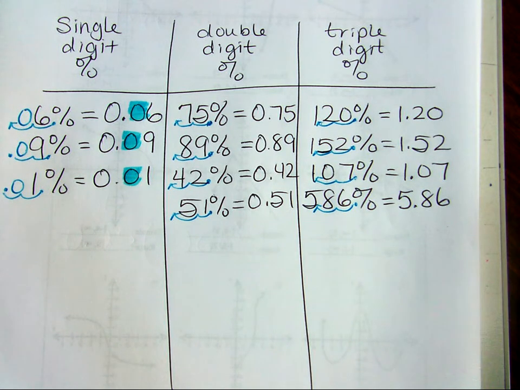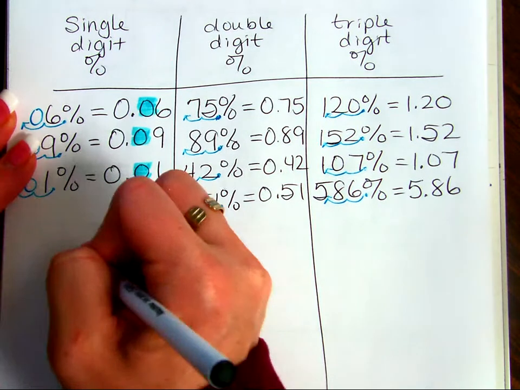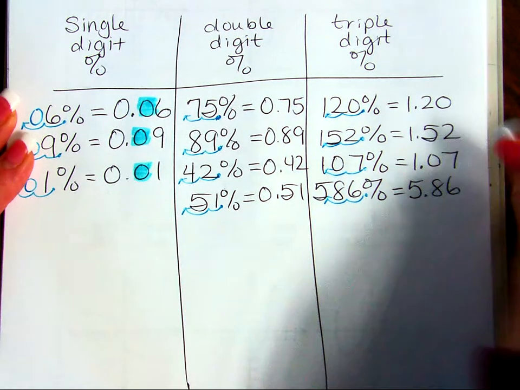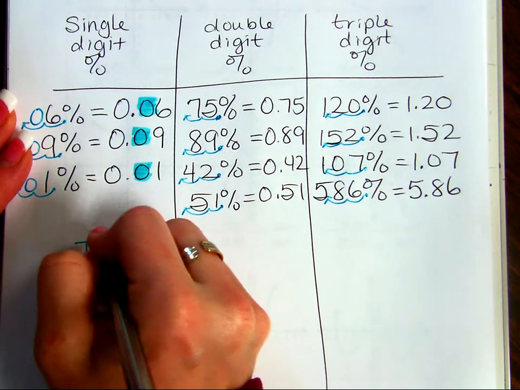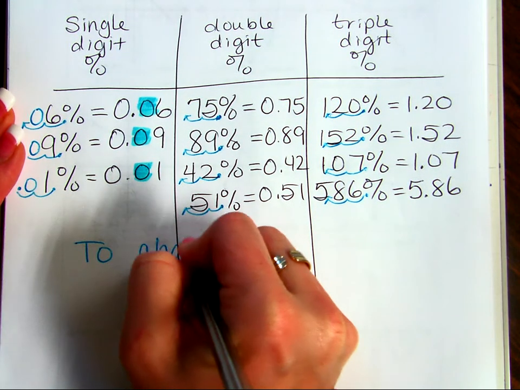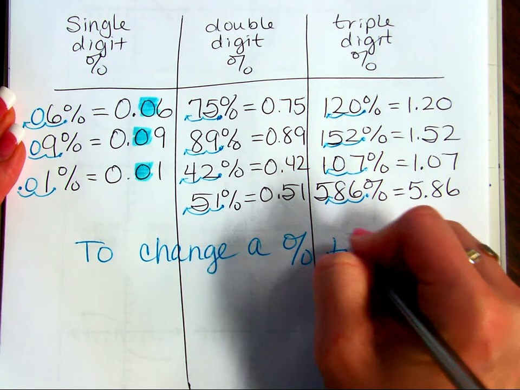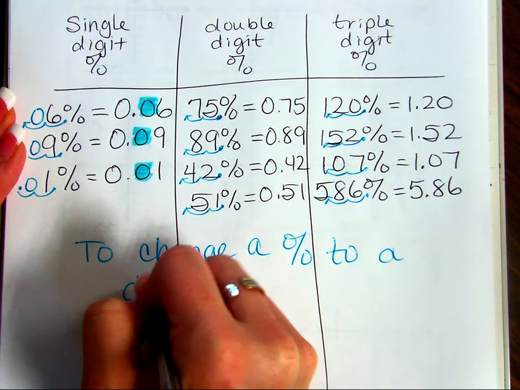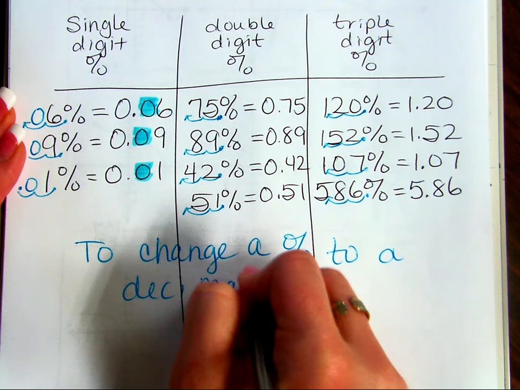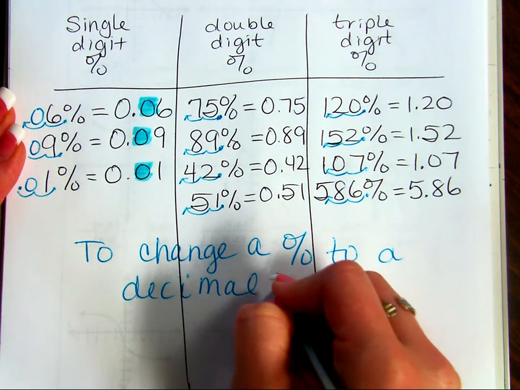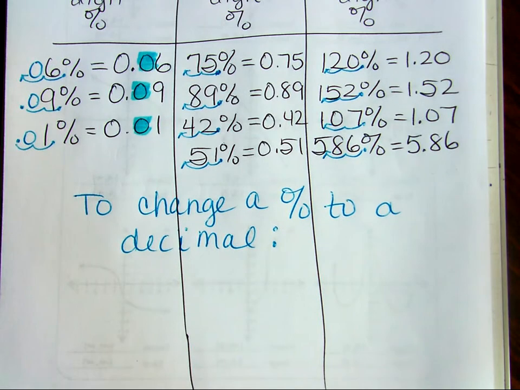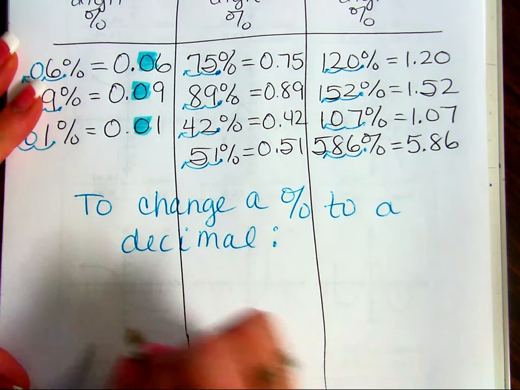So I want you to finish this sentence. To change a percent to a decimal, do what? Or sometimes visual people like this.